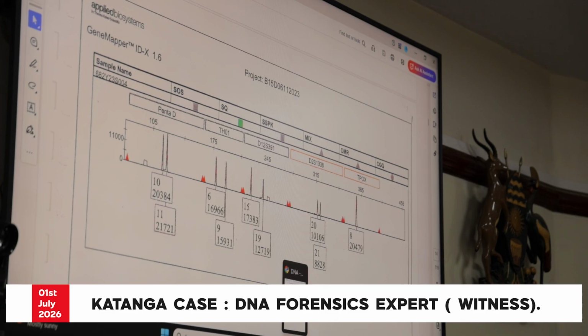However, that table didn't have every single area that Verifiler Plus uses. It appears that the information taken over relates to a system, GlobalFiler. So the information on the electropherogram is not totally within that table on the DNA report.